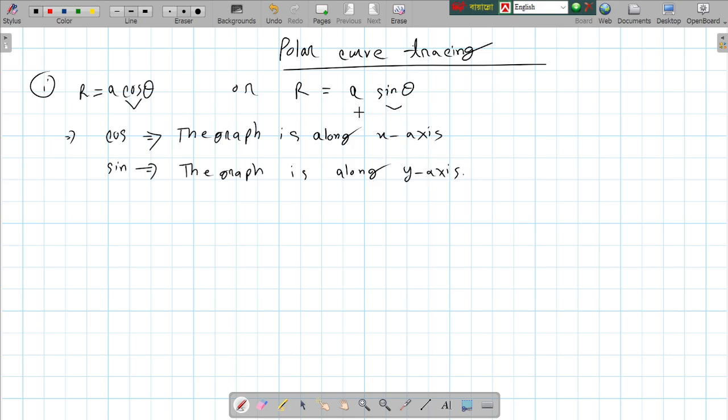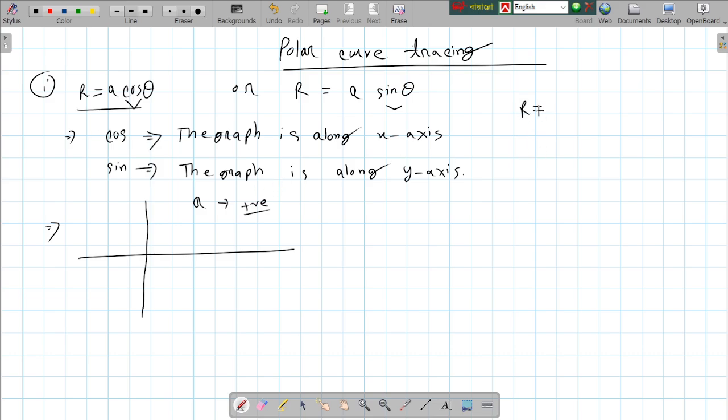Now we are going to learn in details. So this is r equal a cos theta, and if a is positive, the circle indicates that r equal a cos theta, r equal a sin theta is a circle. If we input different values of theta, we get different values of r.